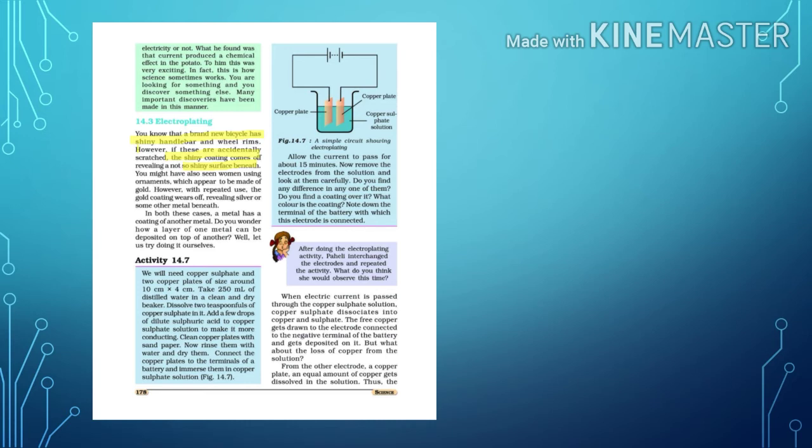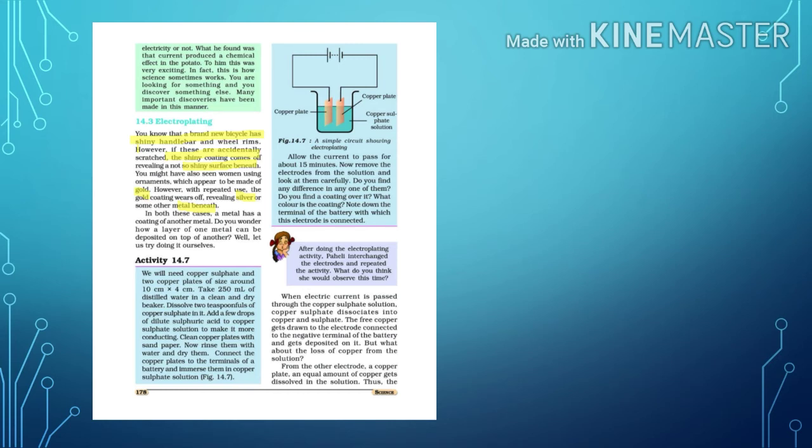And some of the ornaments we wear appear to us to be made of gold. But when we use them repeatedly, some wear and tear happens, and after using it for some time, we observe that it may be silver or some other metal, with a gold coating above it.